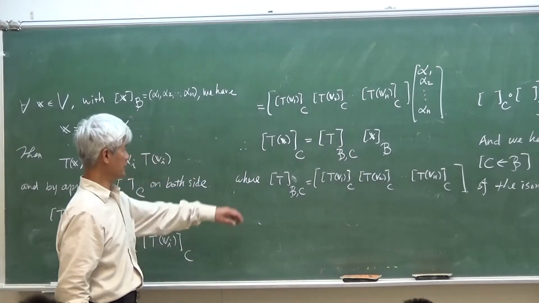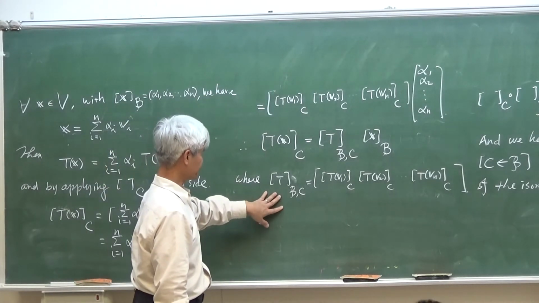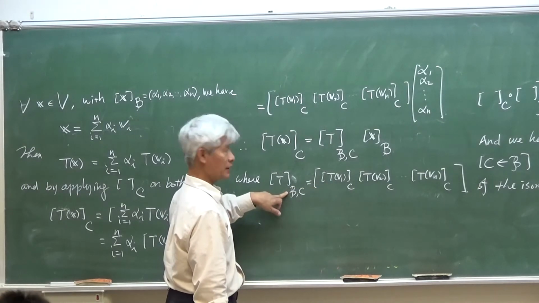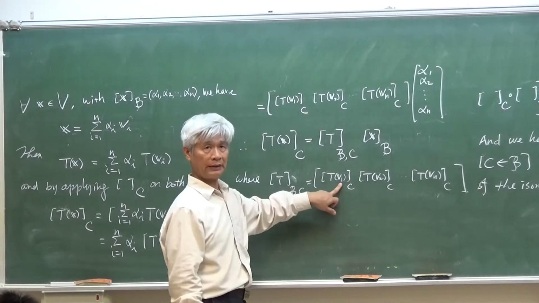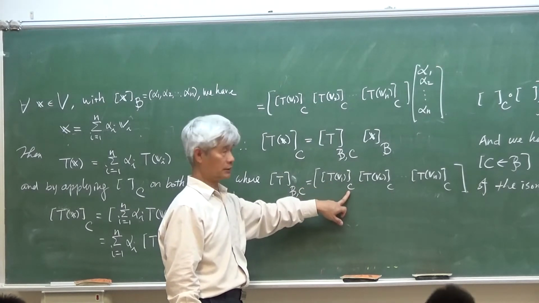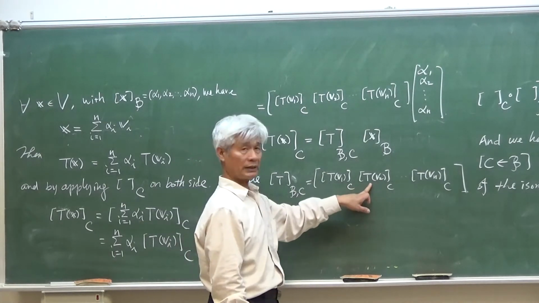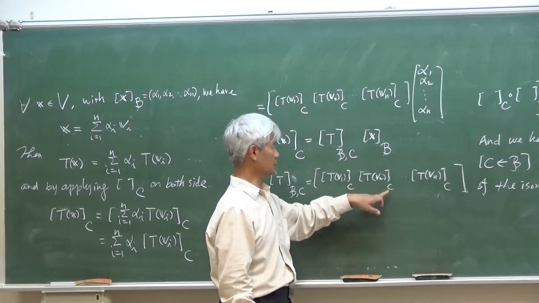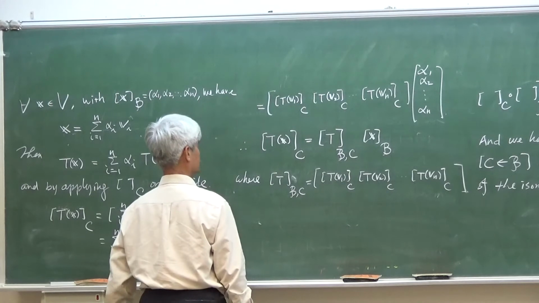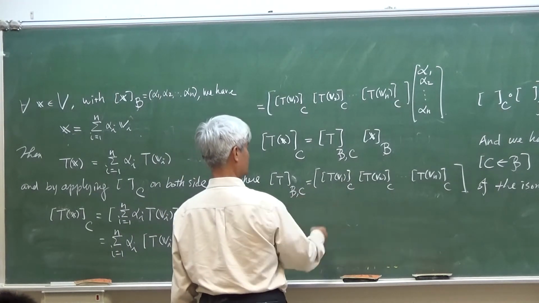So the construction of this matrix is that for each basis vector in B, you take its image in W, and then take the C coordinate. For the second basis vector in B, you take its image, and then take the C coordinate, etc. So what is this?